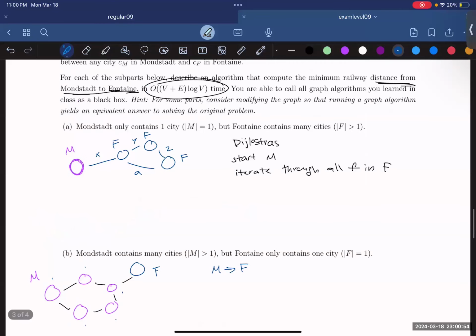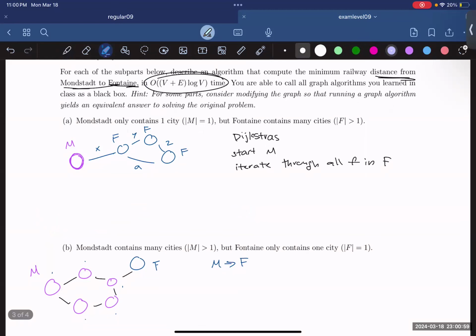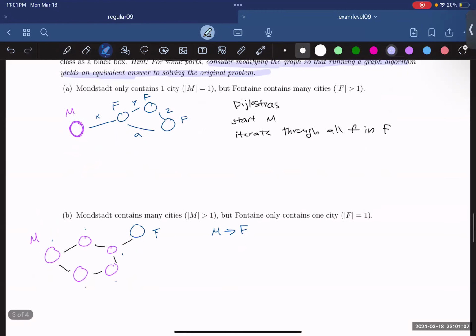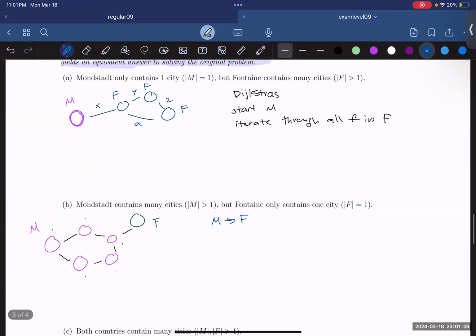So this is where the hint they gave us in the question comes in. It's saying, consider modifying the graph so that when we run the algorithm, it gives us an equivalent answer. If we want an equivalent answer and we want to modify the graph, the best way to do this is to create something that we call a dummy node. Let's say we have this dummy node.